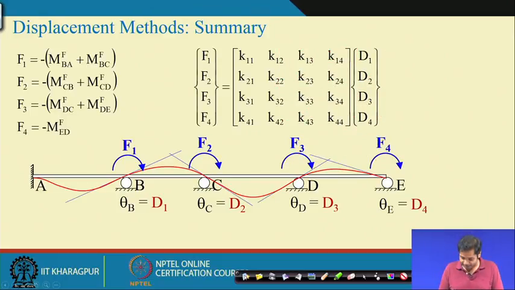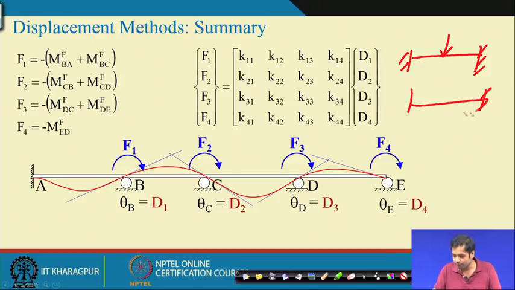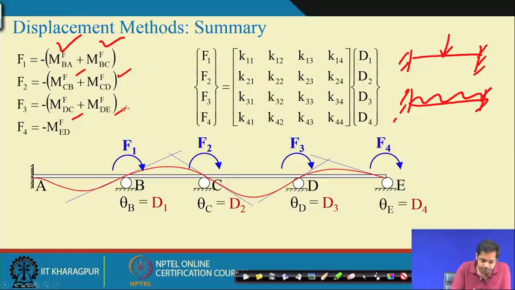Now, in this expression, what are known? We calculate the fixed end moments for a given structure subjected to any arbitrary load, for instance a uniformly distributed load or any other load. So, all these fixed end moments are known.